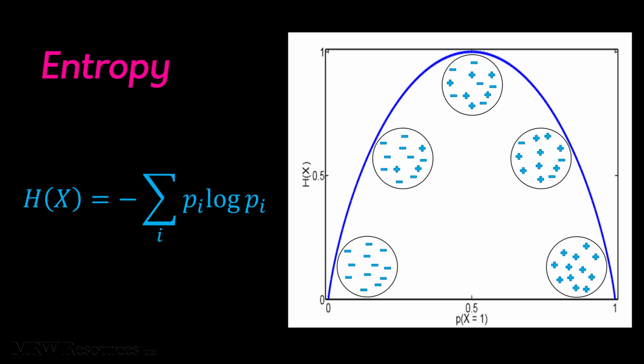Now, as we move up that curve, we start to switch out some of the values, and we can see we have a mix of minuses and pluses moving up the curve until we reach the top of the curve, in which case we have an even split of pluses and minuses. So we have a 50-50 chance of selecting a plus. That's the most uncertainty we can have in this data set.